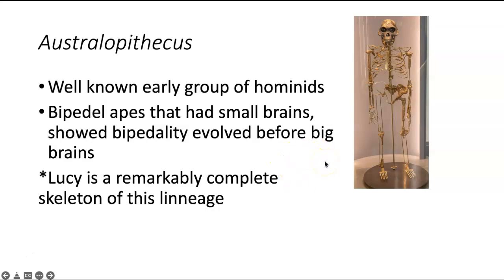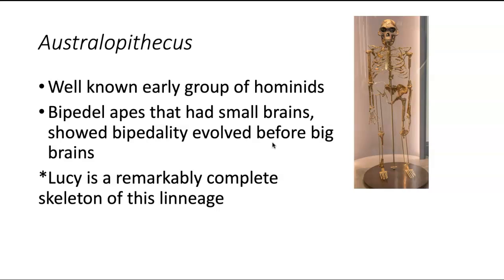So one of the first groups, this is not considered, it's a different genus, it's kind of the farthest out group, and we'll look at this in another picture, but that's Australopithecus. This is a group of hominids that were bipedal apes that had pretty small brains, maybe compared to a chimpanzee they're a little bit bigger, but compared to us, humans, they're pretty small.